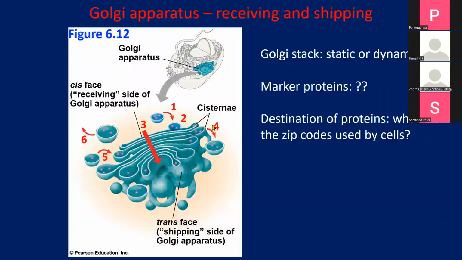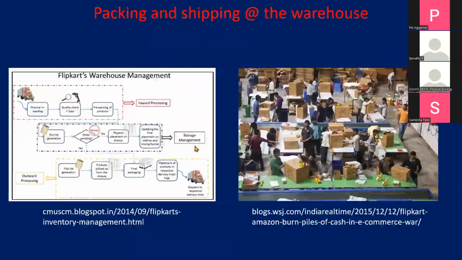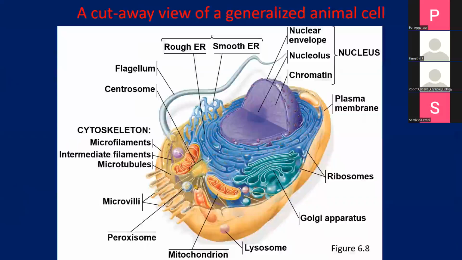Sure. Think about this Golgi apparatus, and let me go back to this figure. Towards the center you can see there is a nucleus, and adjacent to the nuclear envelope you will find the endoplasmic reticulum.